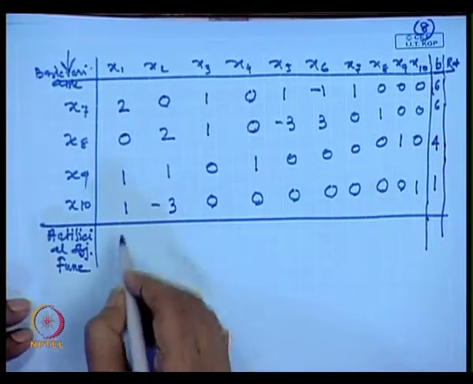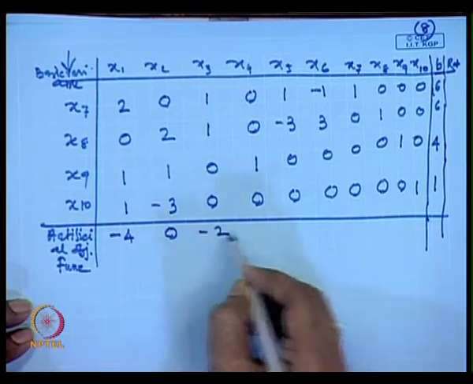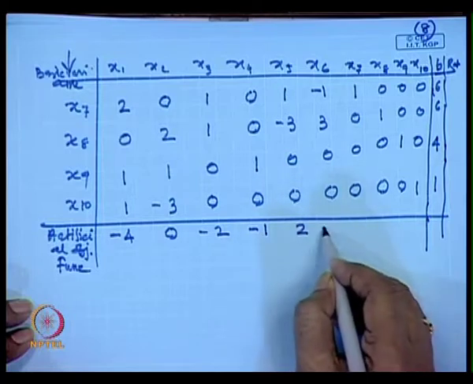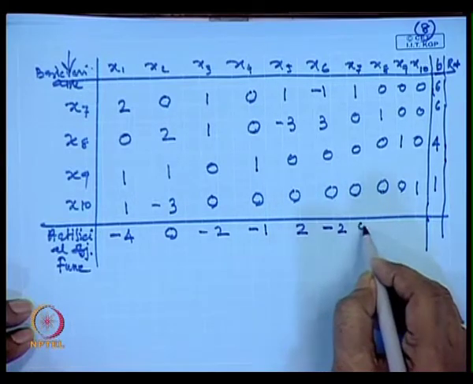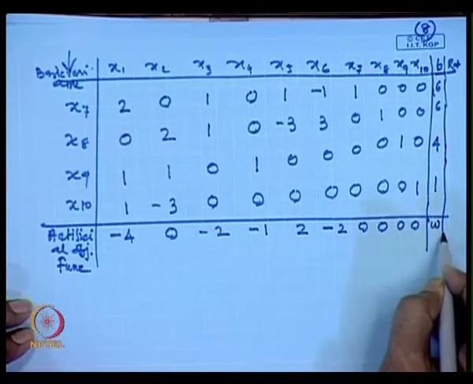And the cost function, if you see, minus 4 0 minus 2 minus 1 2 minus 2 0 0 0 0, and that is W.